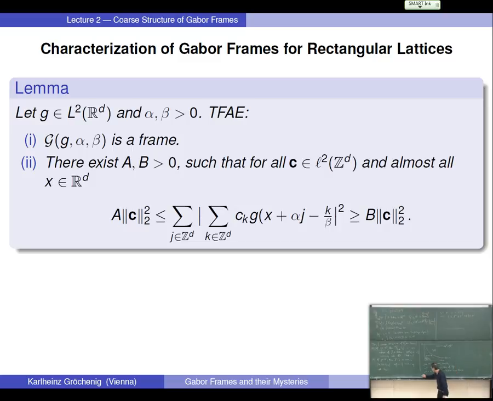I would say that, okay, alpha beta equal 1 is excluded. Both the density theorem and the Balian-Low theorem can be interpreted as versions of the uncertainty principle. And then the openness, the frame set being open, is a deformation result.